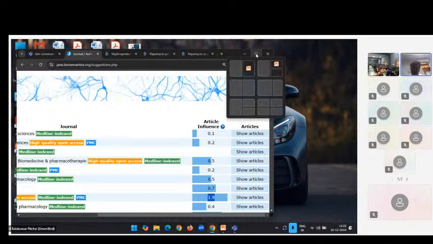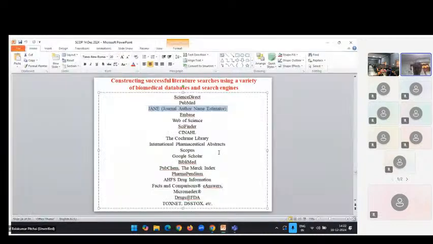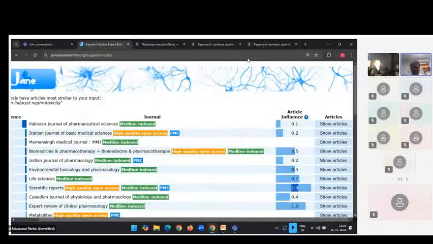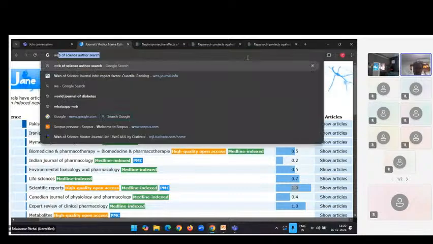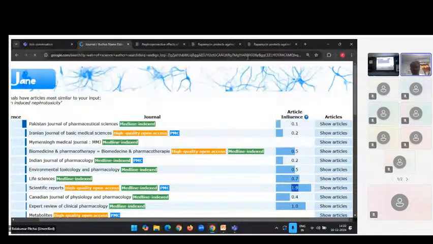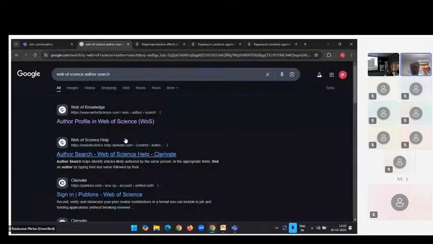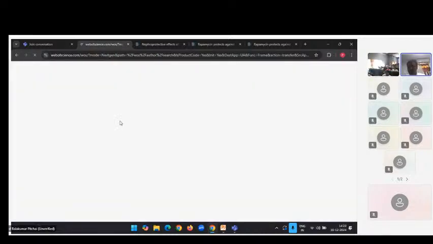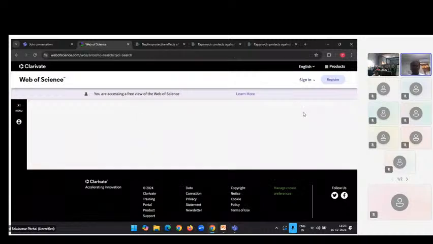Okay, next, Embase and Web of Science. In Web of Science, new features are coming out. Now let me check. I just put Web of Science author search, then author profile in Web of Science. I clicked it.